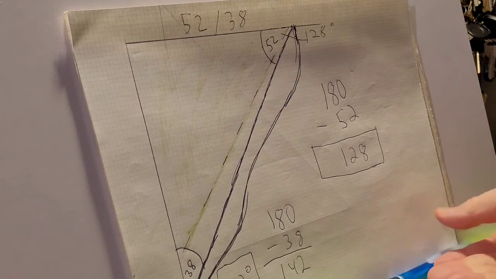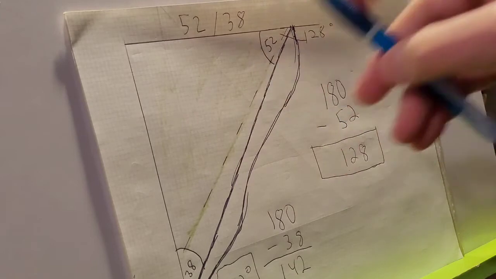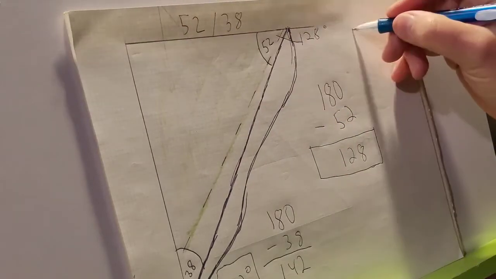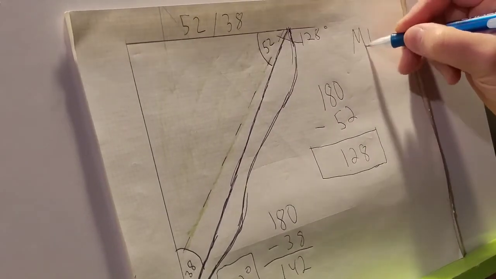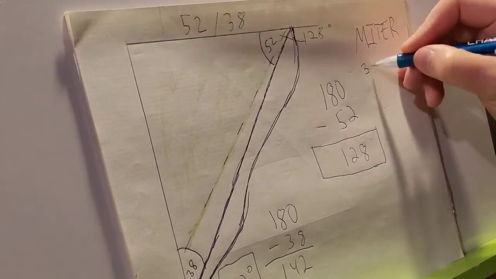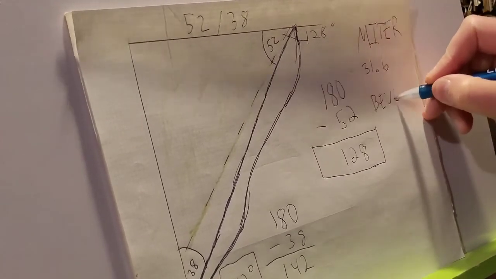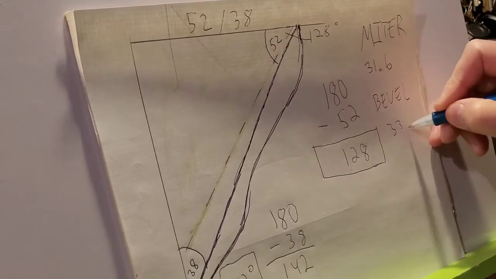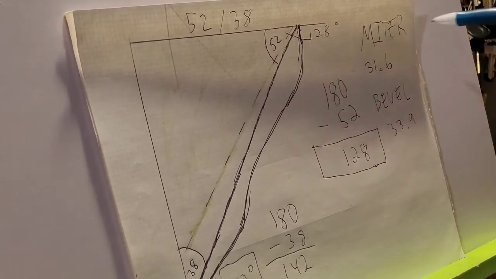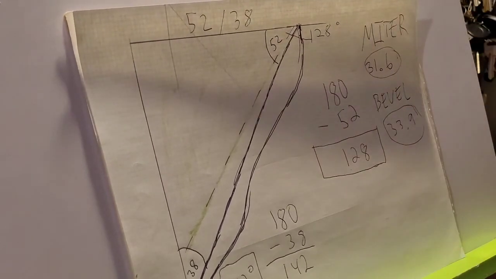So you would need to know this because you're going to set the miter, in this case, the proper setting to cut this crown molding. You would set the miter at 31.6, and then the bevel you would set at 33.9. Now, 31.6 and 33.9 are usually indicated on a lot of the chop saws or miter saws.